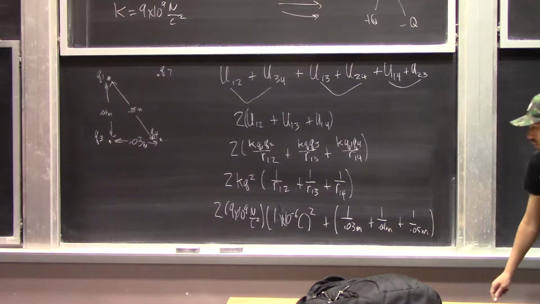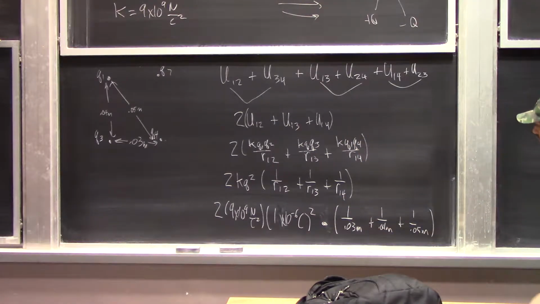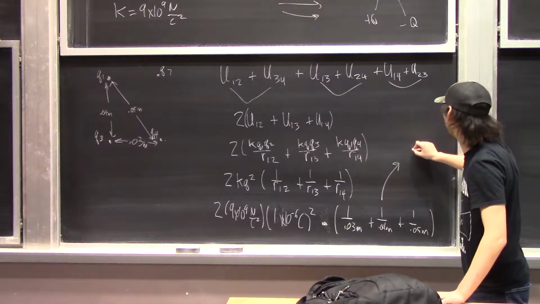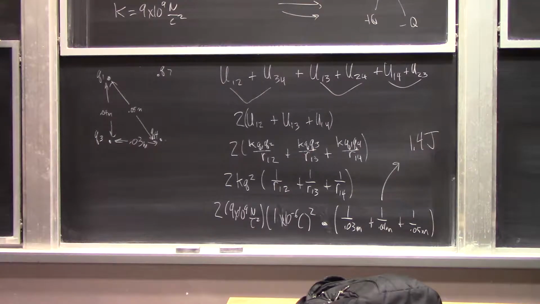Okay? Sorry, this isn't a plus sign. This is multiplied by. Okay? And when you do that, you end up finding this has a value of 1.4 joules. Okay? Any questions about that?